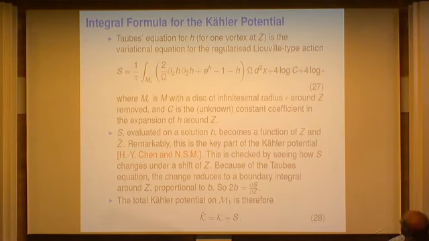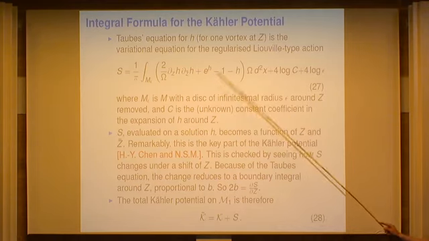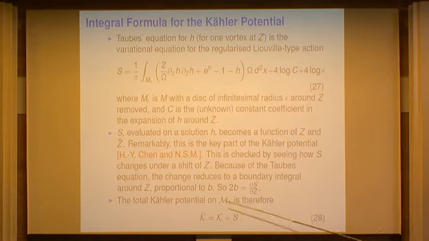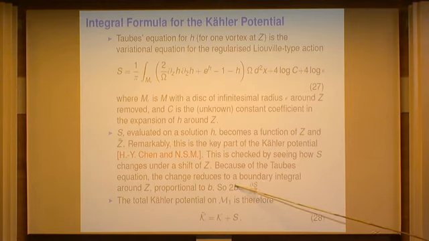You have to remove disks around the singularities. This is a standard way of regularizing an action. And it turns out this is the Kähler potential. You evaluate this S, which is a function of where the vortex is, and if you differentiate it with respect to the vortex position, you find it's equal to 2b.